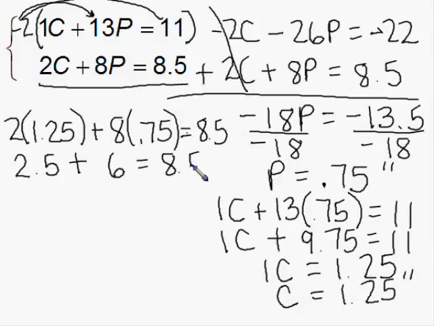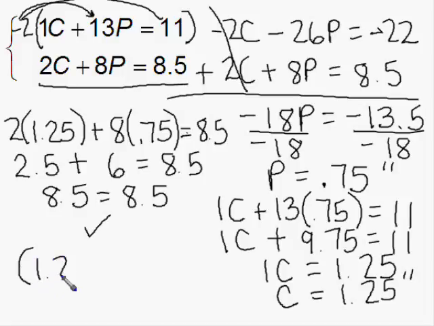So 2 times 1 1/4 is 2.5. 8 times 3/4 is 6. And 2.5 plus 6 is 8.5. Since 8.5 equals 8.5 is a true statement, our solution checks. The size of a clip is 1 1/4, and the size of a penny is 3/4.